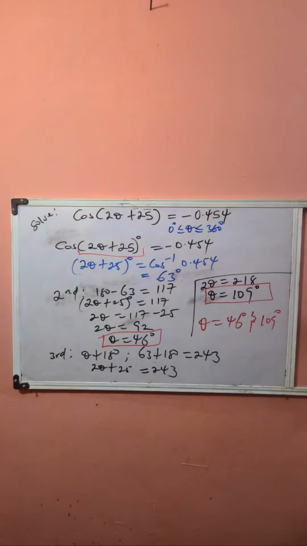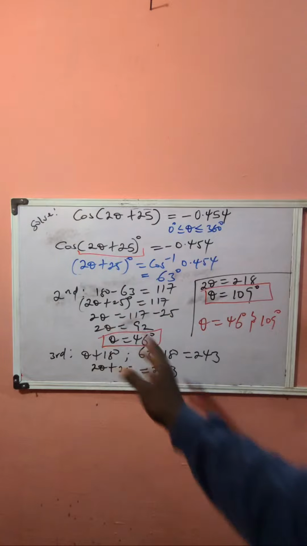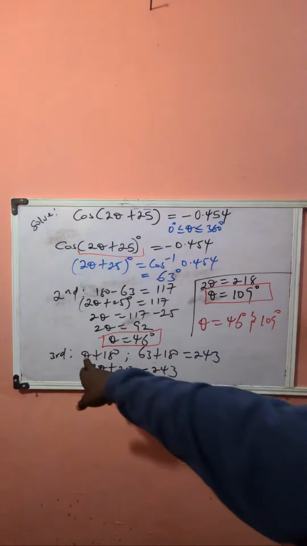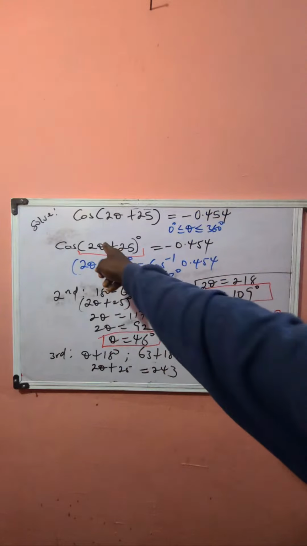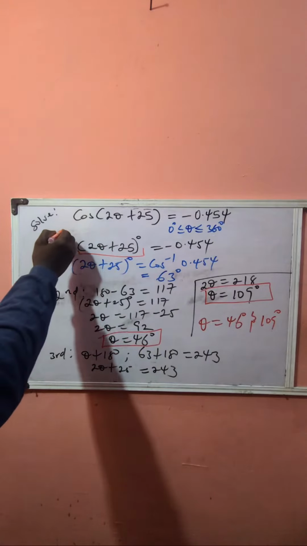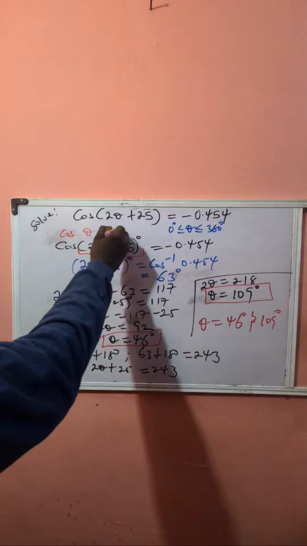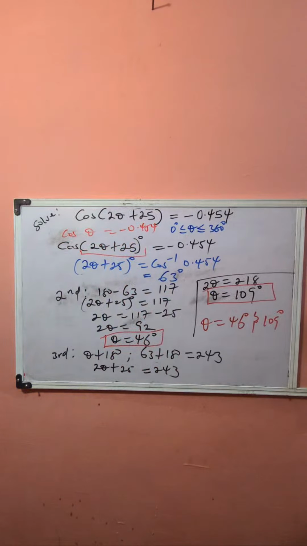Now, in this case, don't forget again, this theta plus 180 is a general rule, but we used to use this in previous work when we had this place as just theta. What I'm saying there is that imagine what you had here was just cos theta equals minus 0.454. Imagine this was what you had.